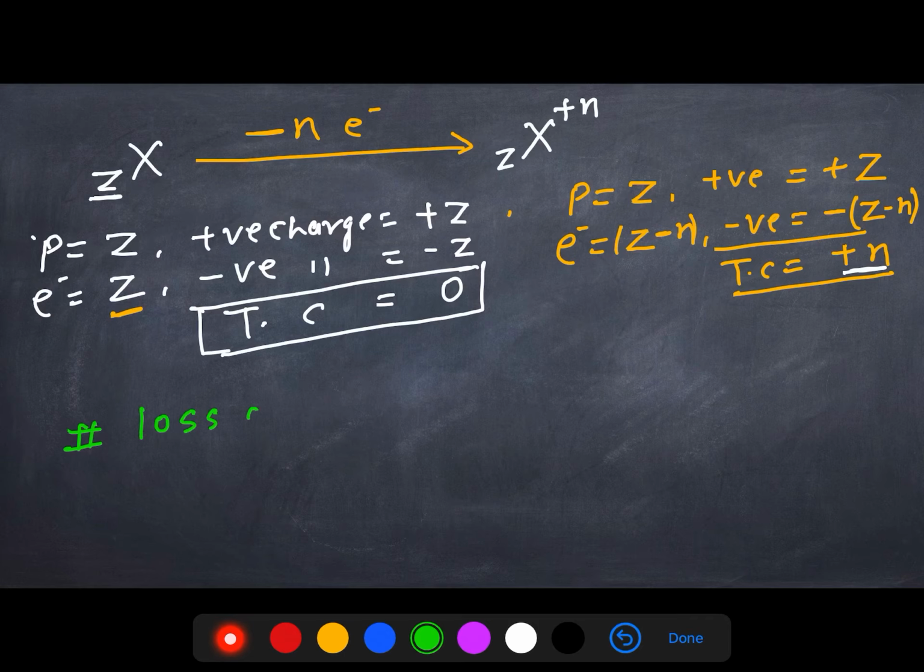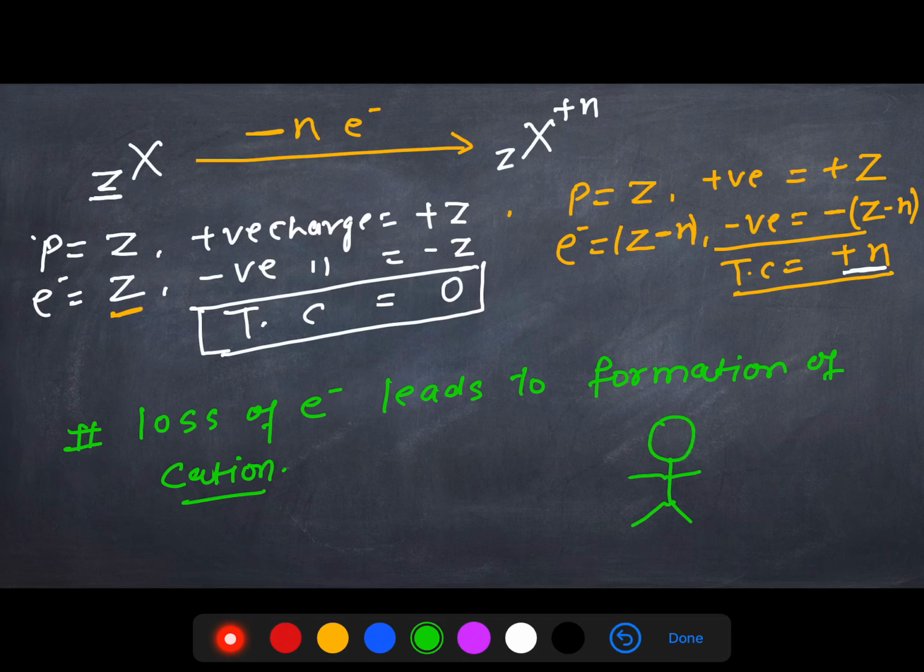So from here, can we draw a conclusion that the loss of electrons leads to formation of cation, right? It's quite understandable to you also. The logic is quite understandable.